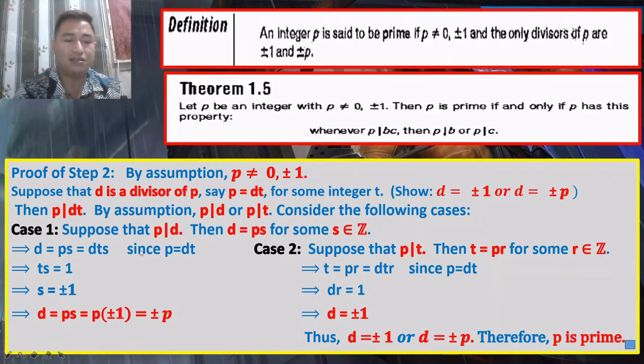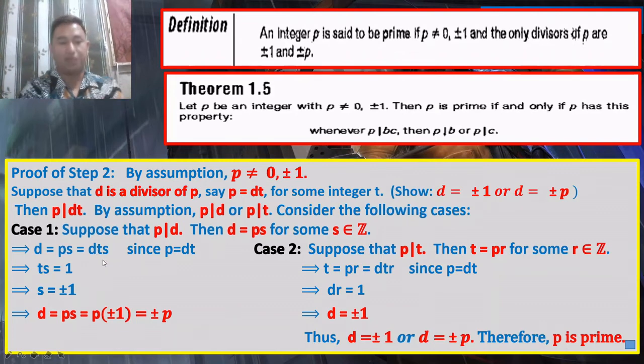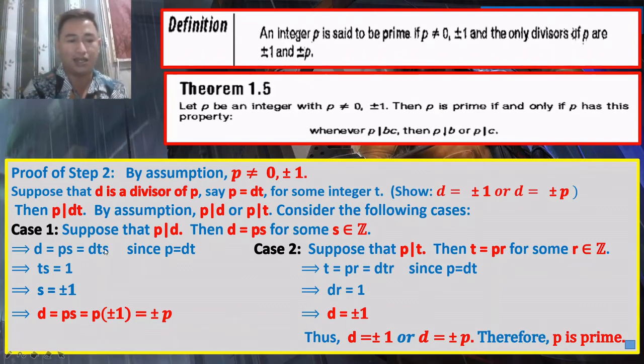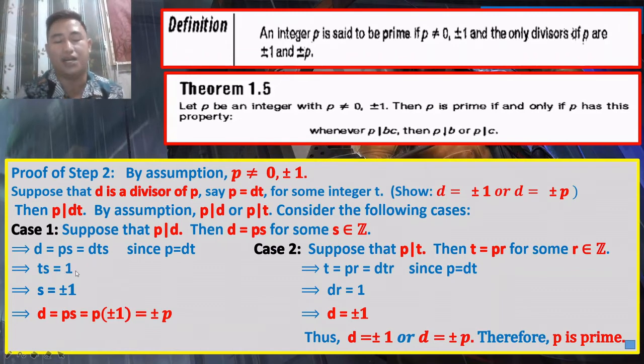So it implies that D is equal to PS, and since P is equal to DT, D is equal to DTS. So D is equal to D times something, meaning TS must be equal to 1.